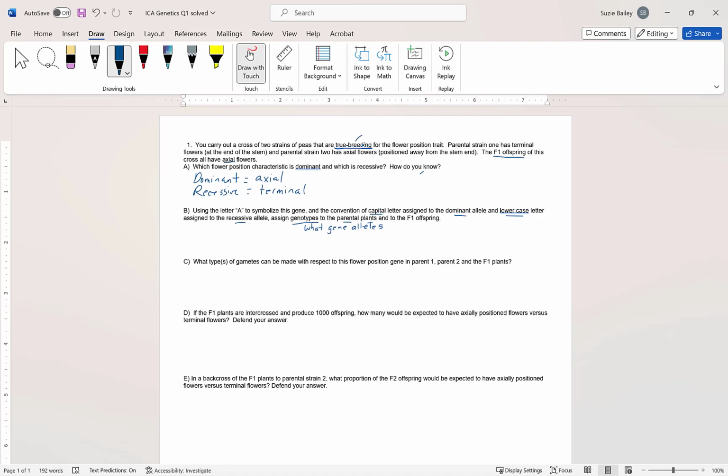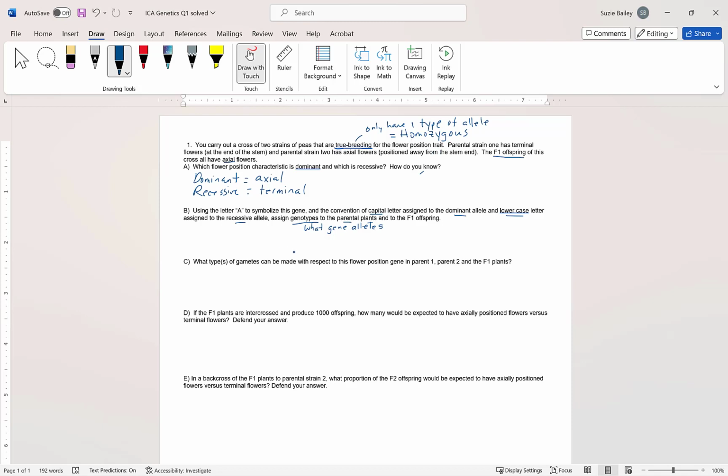So true breeding means they only have one type of allele to pass on, and that state where all of the alleles are the same type, we call being homozygous. The state of having an allele combination that is the same, we call being homozygous.